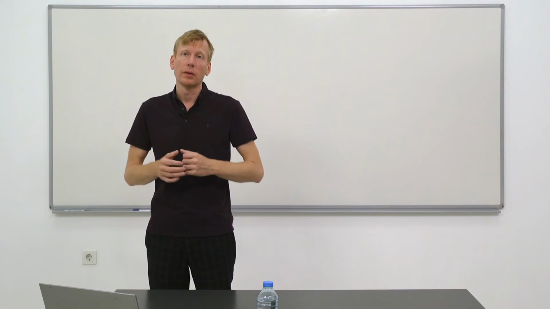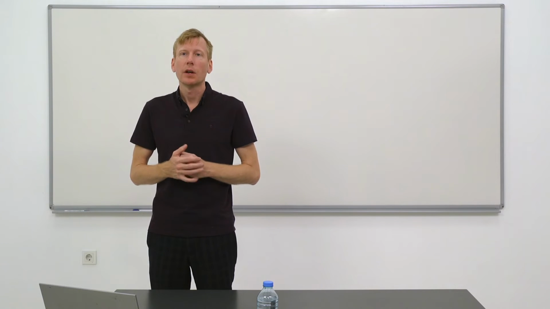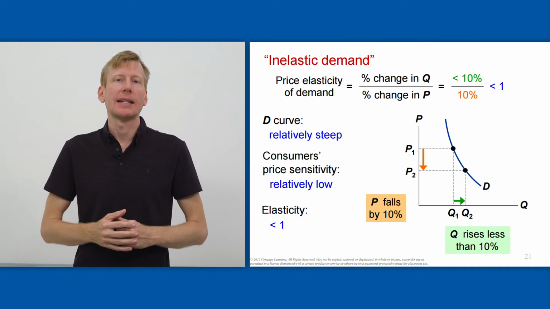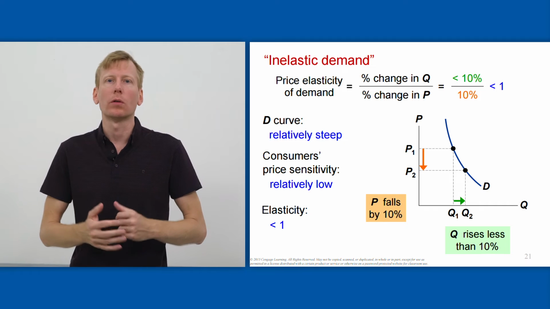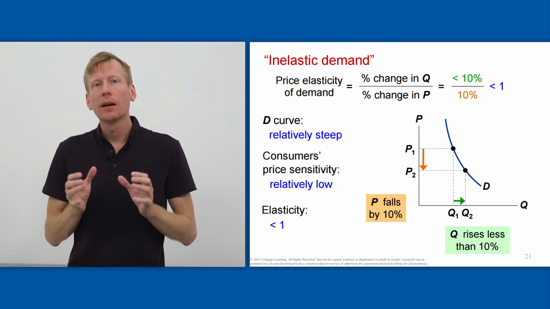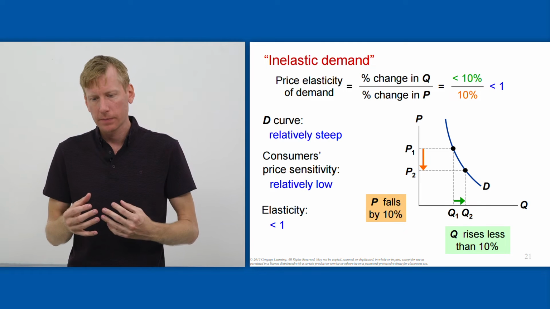Our next category of demand curves, again based on elasticity definitions, is less of an extreme case. Well, this is simply inelastic demand. Perfectly inelastic demand means that consumers don't respond at all to changes in the price. For inelastic demand, consumers do respond, but not very much.